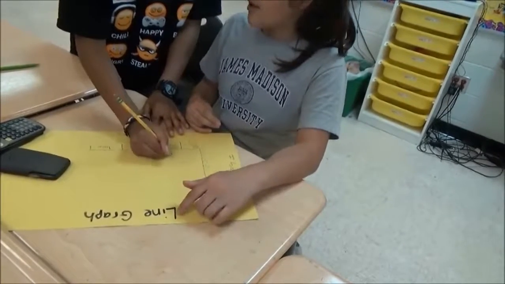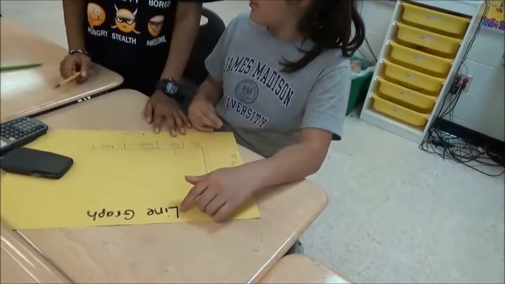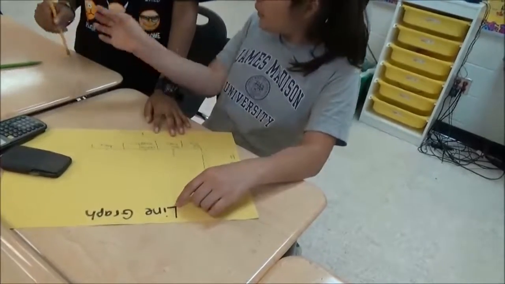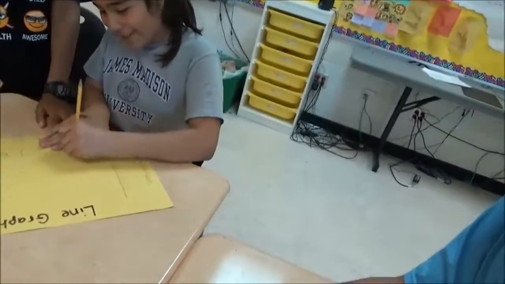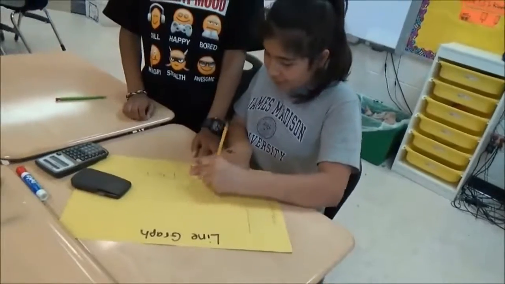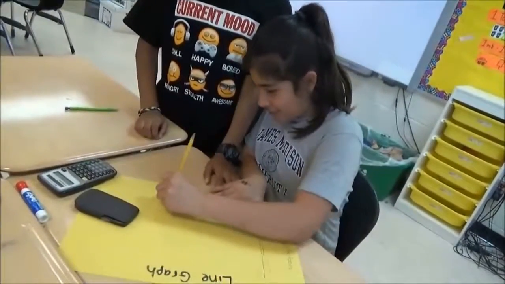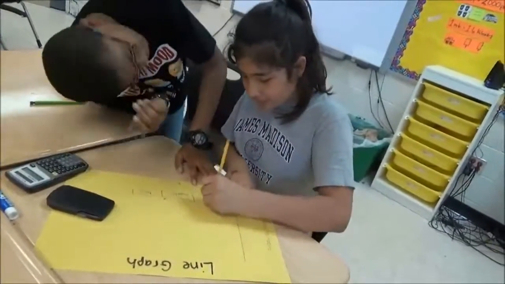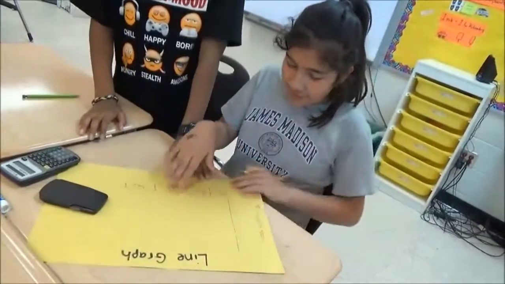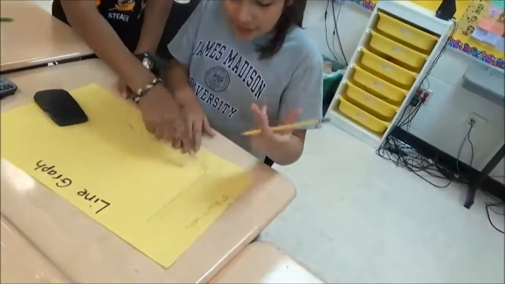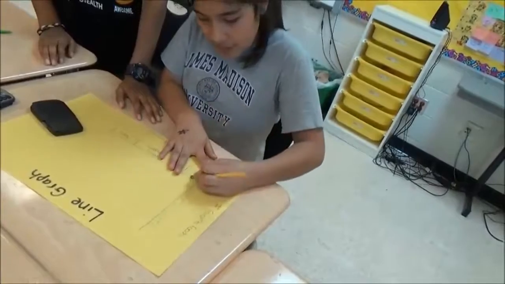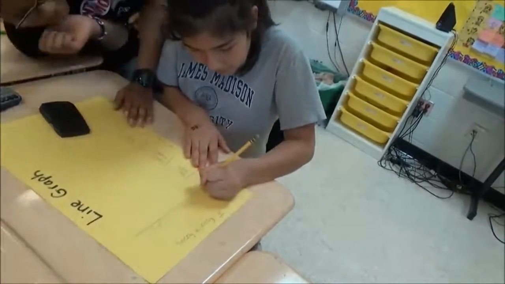This is a line graph, not a line plot. A line graph is dots. So hot dog has 0, so keep a dot right there.